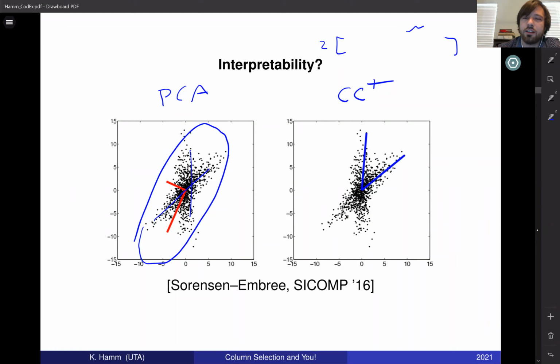And these are the column vectors you get. You see that it's telling you more or less the direction of largest variance of each Gaussian distribution. So there's something interesting and non-trivial going on here that gives you a different view of the data than PCA, precisely because you're constraining yourself to looking within the data itself.